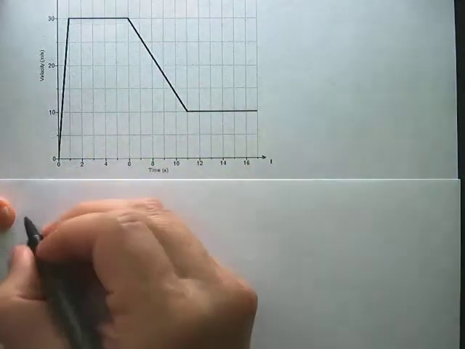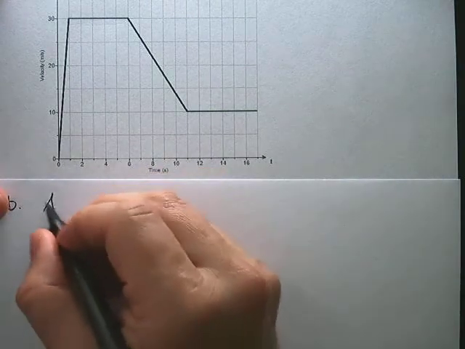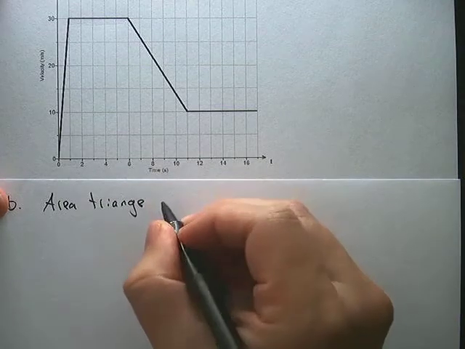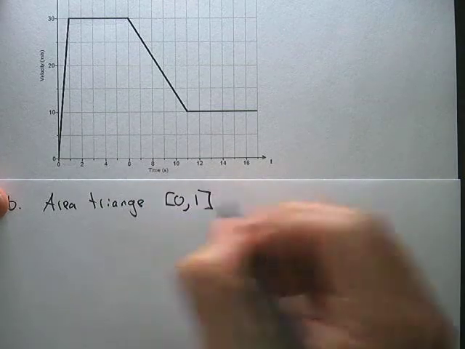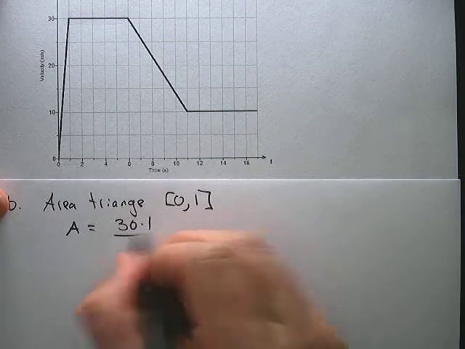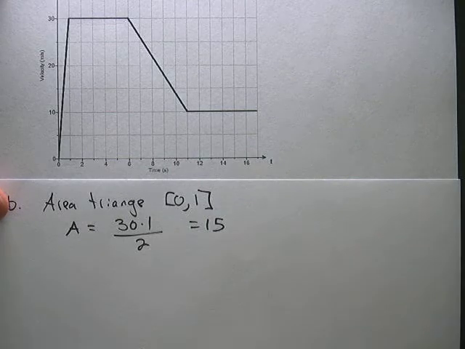We know the area of a triangle, so first we do the area of the triangle from 0 to 1. That is going to be 30 times 1 divided by 2, which is 15. That's the basic area of a triangle, base times height divided by 2.